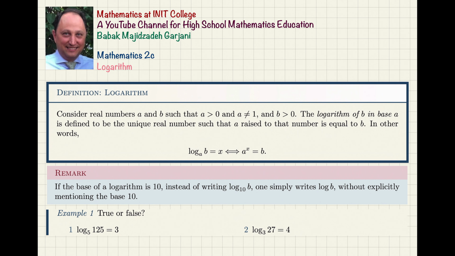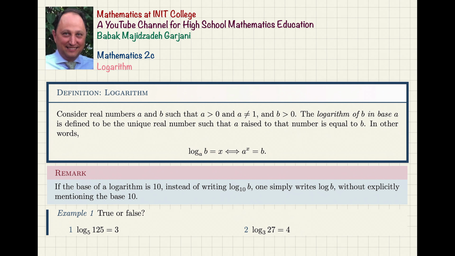So in other words, we say that log of b in base a is equal to x if and only if, which means they are equivalent, a to the x is equal to b. So it means that the base raised to this number becomes equal to b.